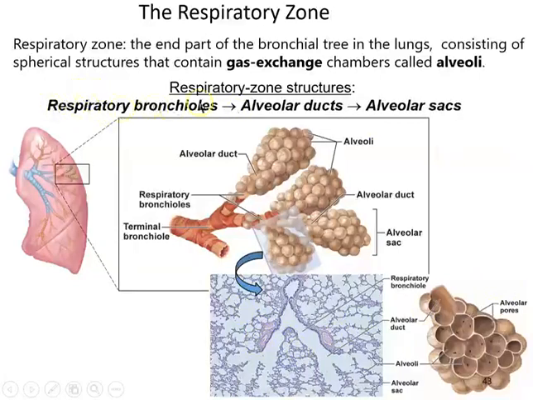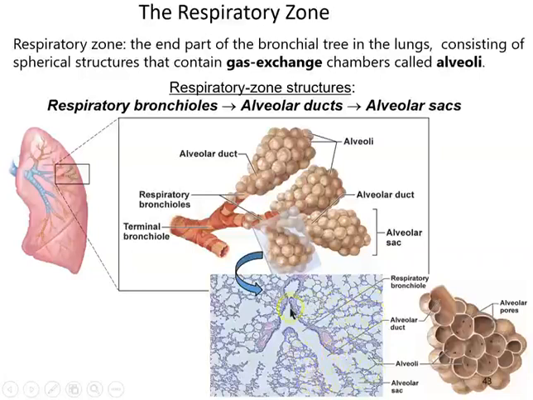The respiratory bronchioles become alveolar ducts, which would really be too small to see, and those would feed alveolar sacs. And so what they're showing is in this cross section, a respiratory bronchiole would split into alveolar ducts, and those would have alveoli connected to them.